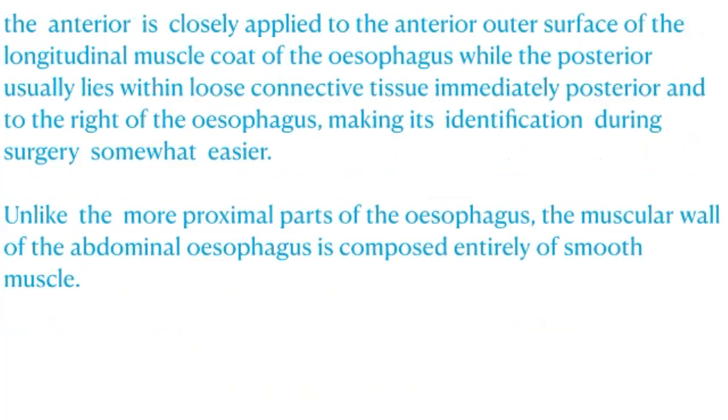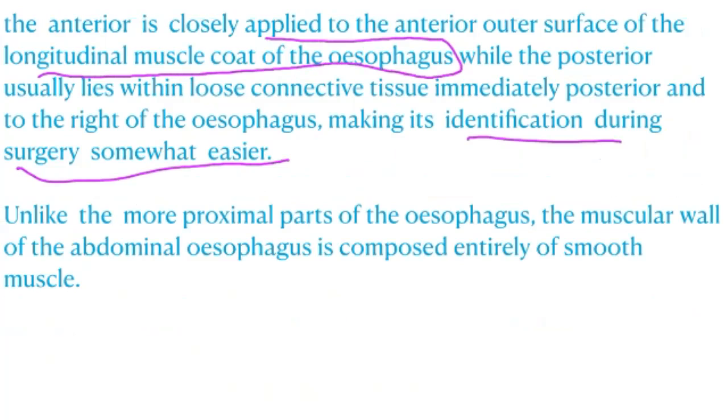The anterior is closely applied to the anterior outer surface of the longitudinal muscle cord of the esophagus, while the posterior usually lies within the loose connective tissue immediately posterior and to the right of the esophagus, making its identification during surgery somewhat easier. So the anterior vagus is almost united with the longitudinal muscle cord, so it's almost united with the esophagus, whereas the posterior lies within the peritoneum.